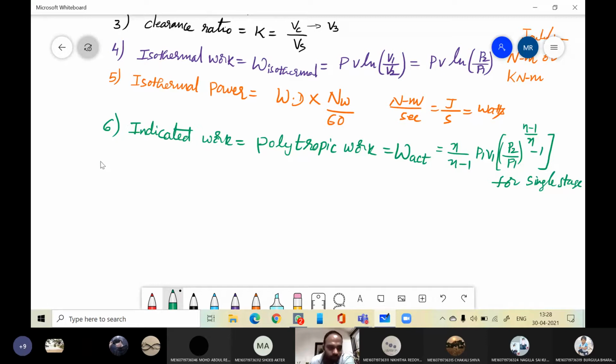Now, if you want indicated power, how to calculate? Multiply by NW, the number of working strokes in RPM divided by 60. Thereby you will get it in terms of watt. Clear? Indicated power also.